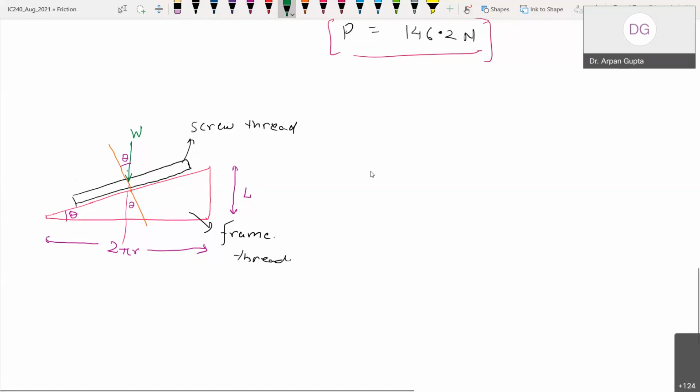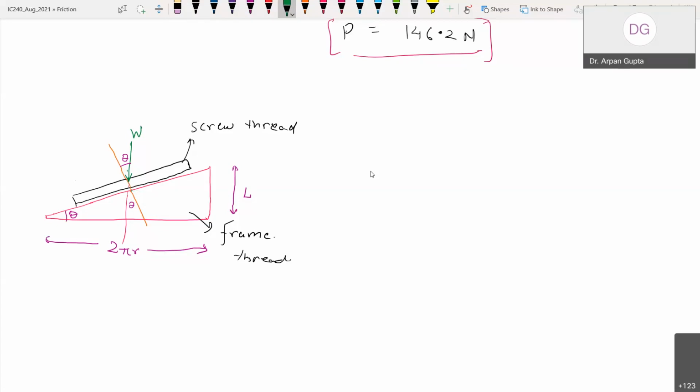Rather, its natural position is the orange normal. But since we have removed the load Q, this black thread has a tendency of sliding down the inclined plane. In other words, there is a tendency for the screw to unwind.